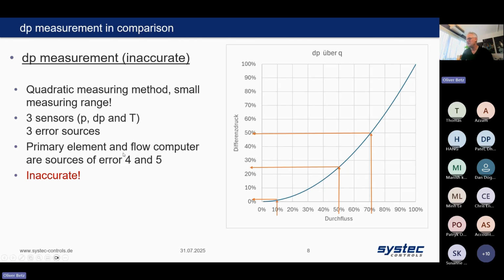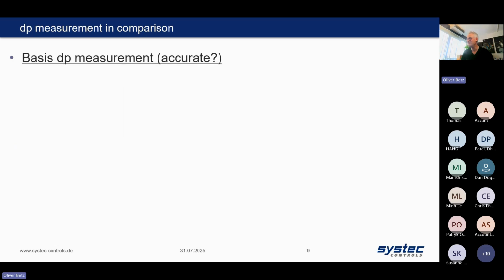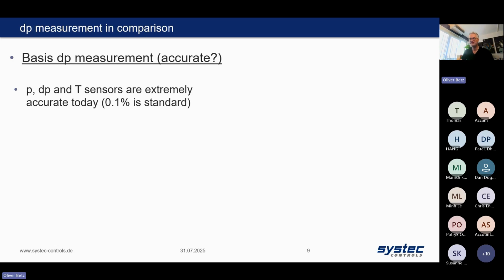Let's see how far this is true. It is true by a certain amount, because this is the physical and measurement truth of the measurement. But if you're looking today, there is also some good aspects. Nowadays, pressure sensors, dP sensors, and temperature sensors, they are very accurate.